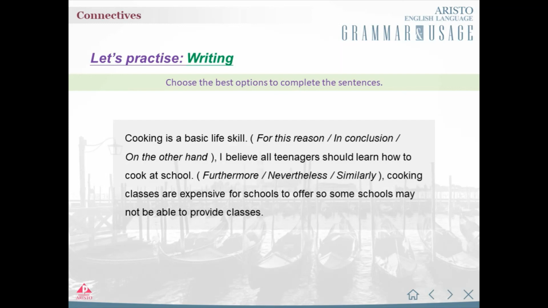The answers are now shown on the screen. The first answer is, for this reason, and the second answer is, nevertheless. Did you get them right?